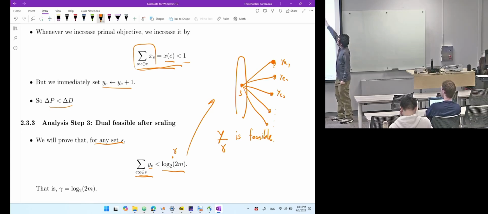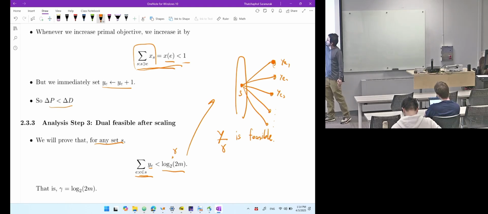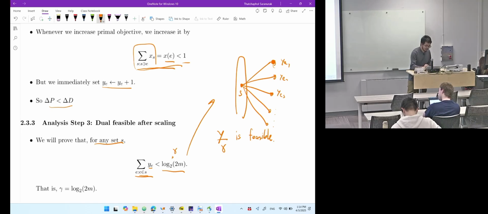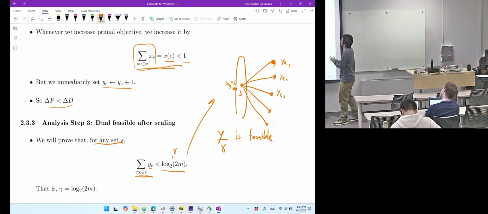When you increase y by 1, what happened? You double this guy, right? And in the beginning, this xs is 1 over m. And if you double this guy many times, it's going to be more than 1. How many times do you need to double so that this is more than 1? Something like log m times.